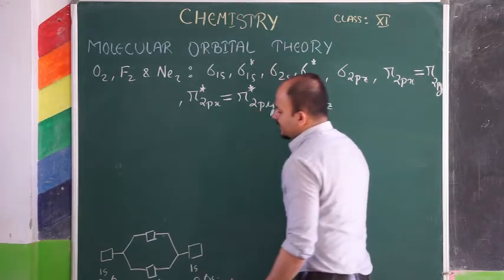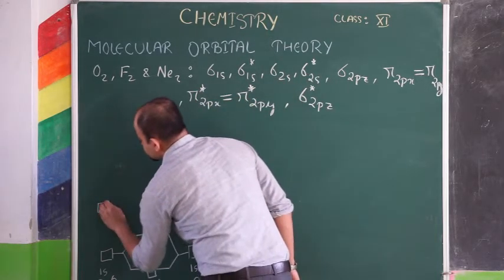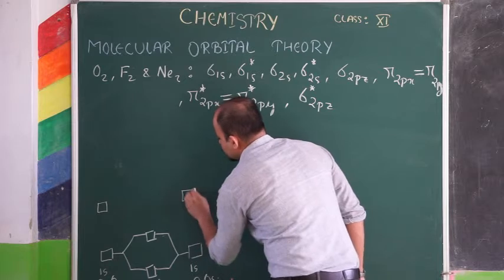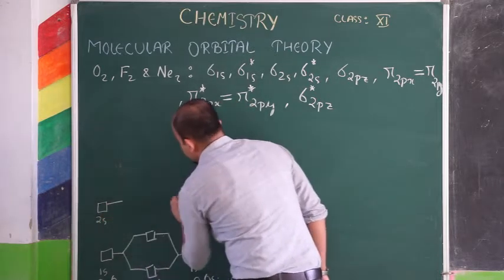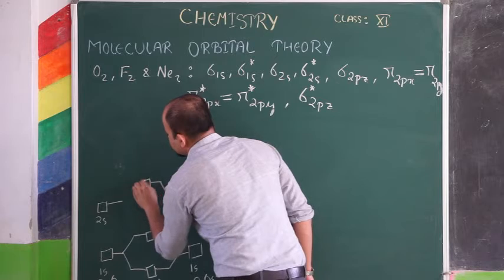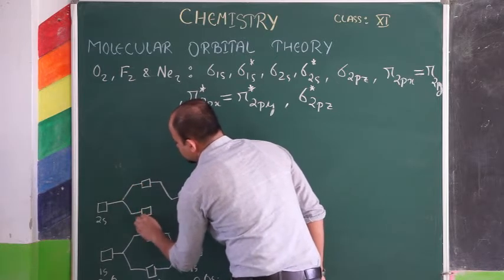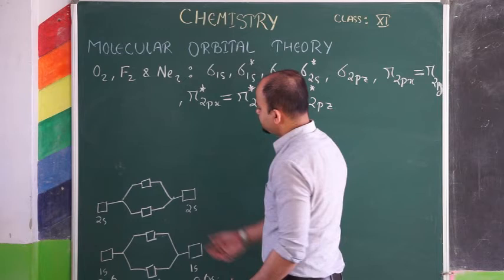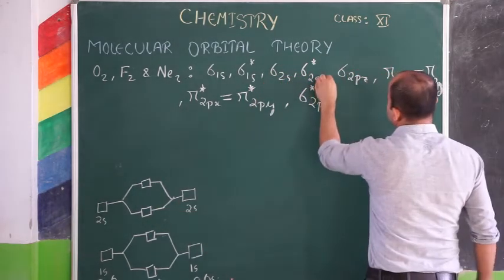Okay, then this is 1s, then comes 2s. So these are 2s atomic orbitals. Now this again will have bonding and anti-bonding. So these are 2s. Up to this point we have done it.